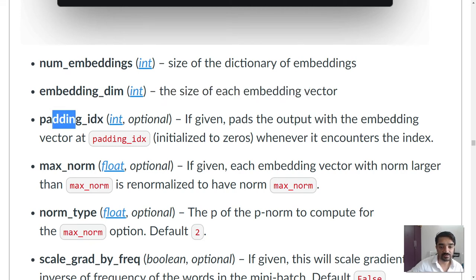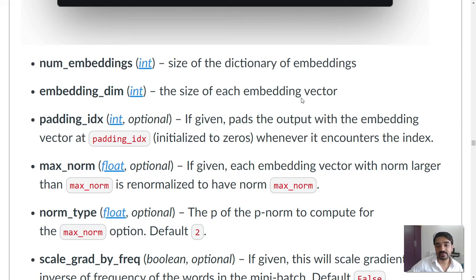Then we have padding_idx. If given, it pads the output with the embedding vector at padding_idx, initialized to 0, wherever it encounters the index. Essentially, let's say you have selected a dictionary size of 50,000 and an embedding dimension.